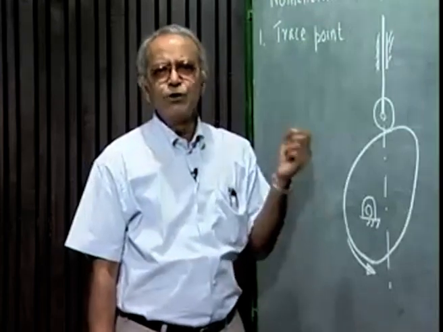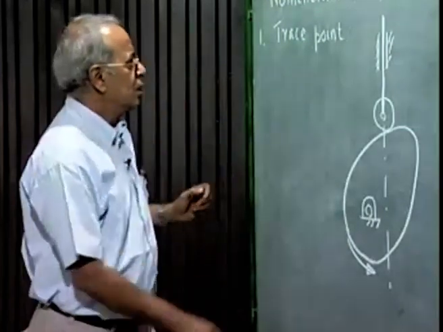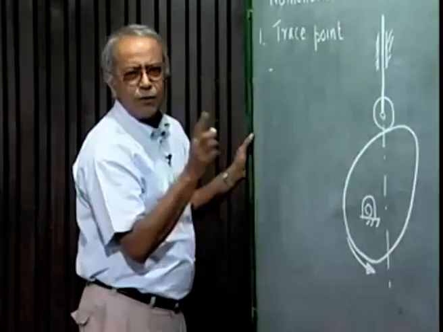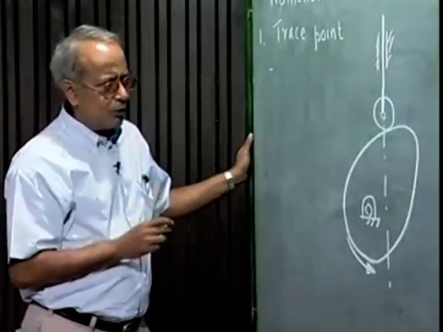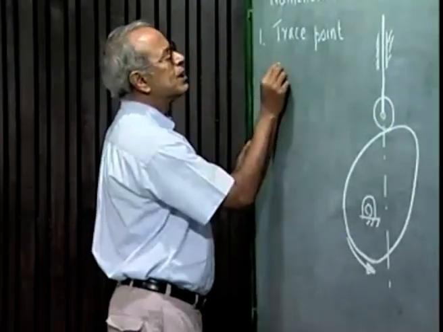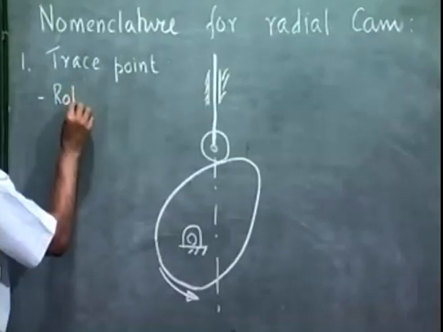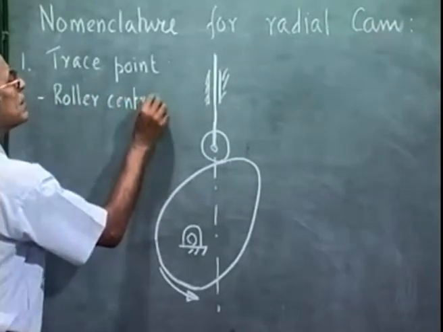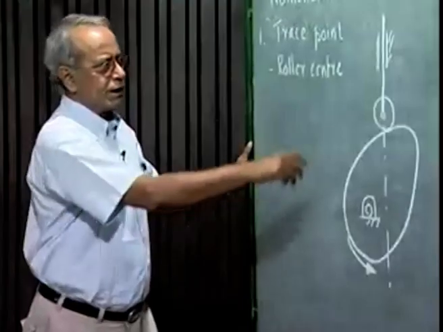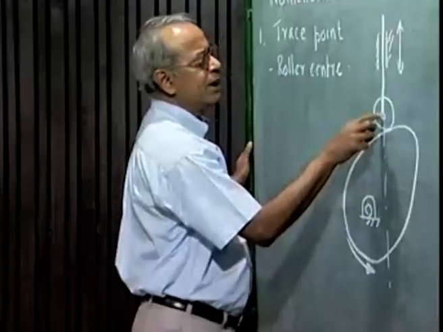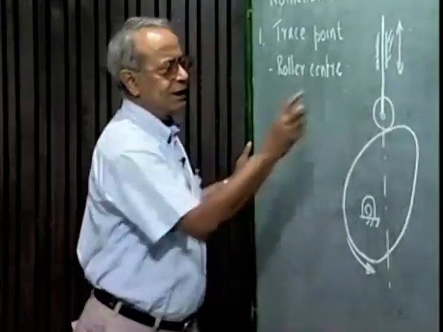So trace point is a theoretical point on the follower, the movement of which describes the follower movement. For roller follower, it is the center of the roller. So this trace point is roller center. That means the movement of the follower will be described in terms of the motion of this roller center.